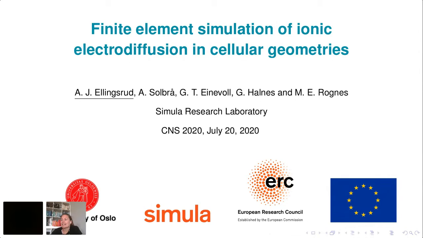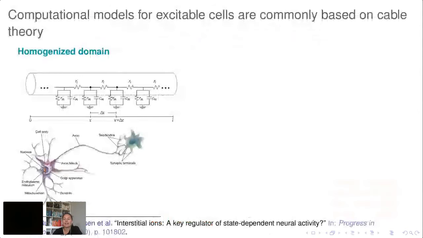Today, I will present a computational framework for finite element simulations of ionic electrodiffusion in cellular geometries. I'll start out with some motivation for why we want to consider such models.